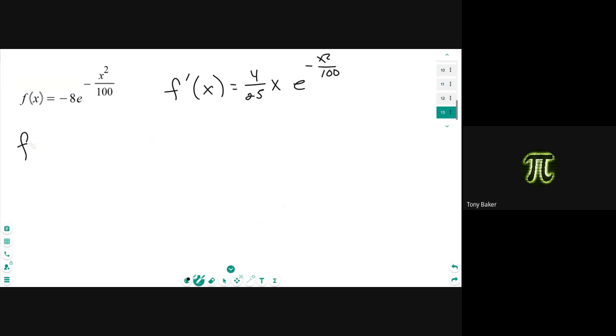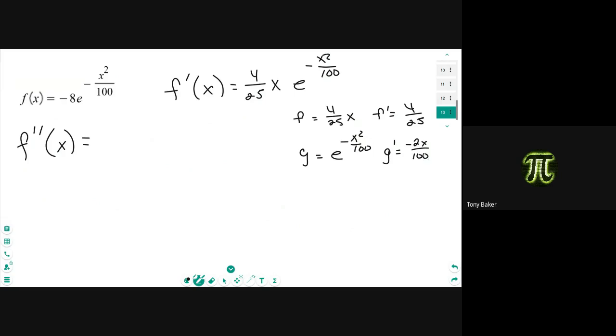Now this one I have to do a product rule because I have two pieces. So I have 4/25.